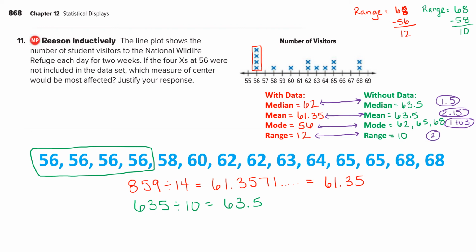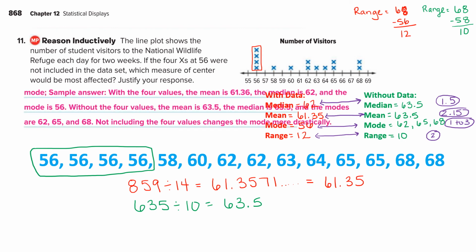So in summary, we could say, sample answer: With the 4 values, the mean is 61.36, the median is 62, and the mode is 56.